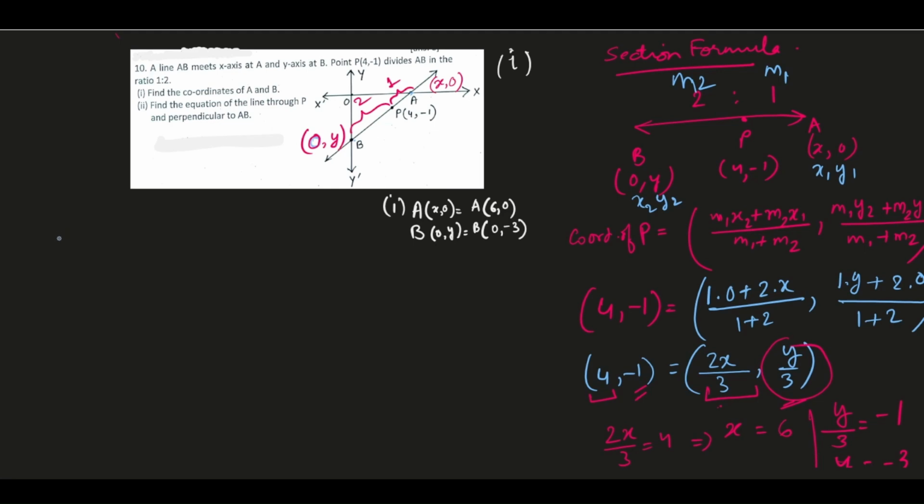So now we will move to the second part. Find the equation of the line through P and perpendicular to AB. So what they are asking here, see, their line is something like this.